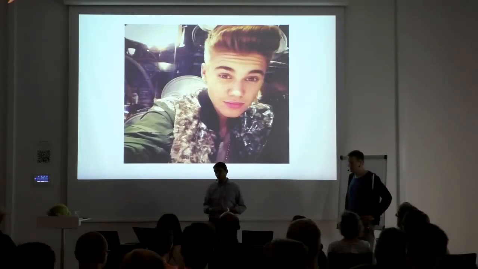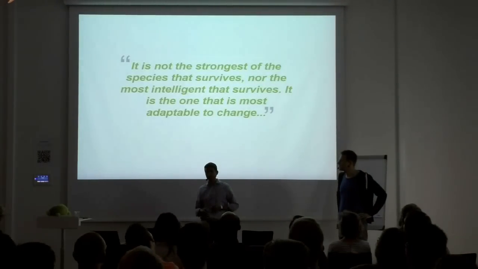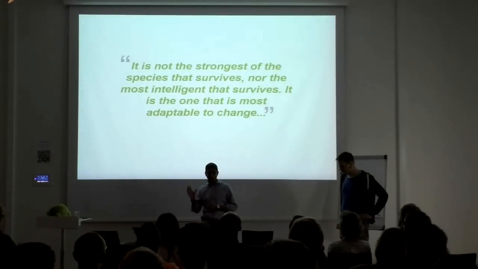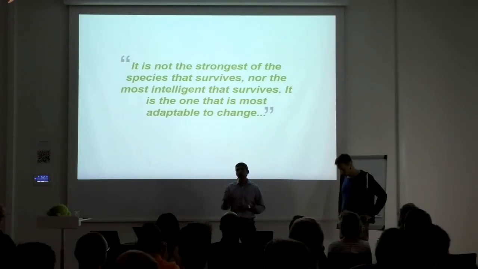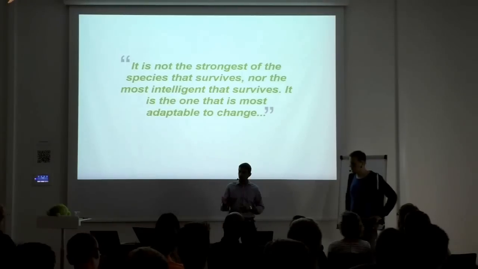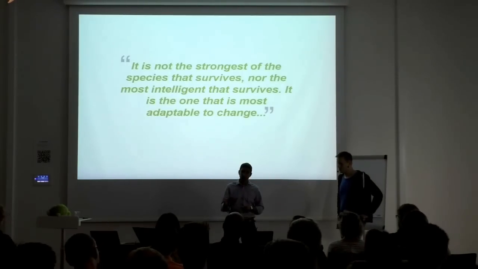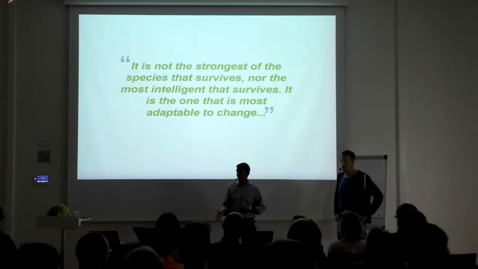And the answer to this lies in this quote. Now this is usually attributed to Sir Charles Darwin. It's not. This quote is by a professor in Louisiana, but it very accurately describes what Sir Charles Darwin observed in the Origin of Species. The quote says that if you look at all of the data available to you from evolution, and you look at all of the species, it's not the smartest of the species that survived.